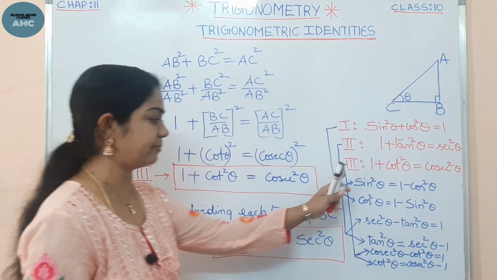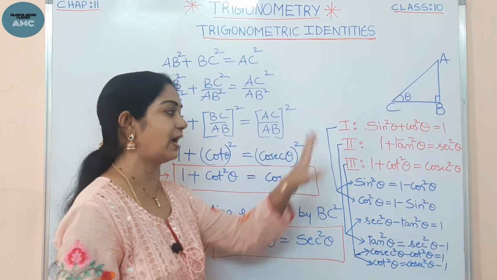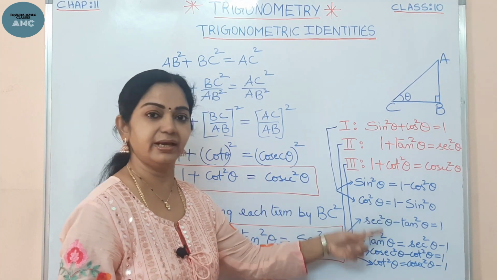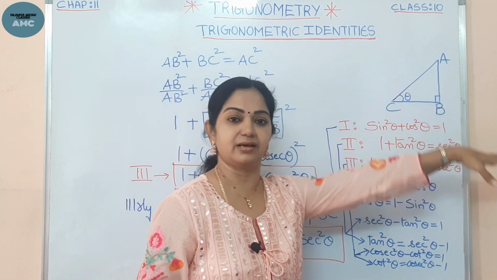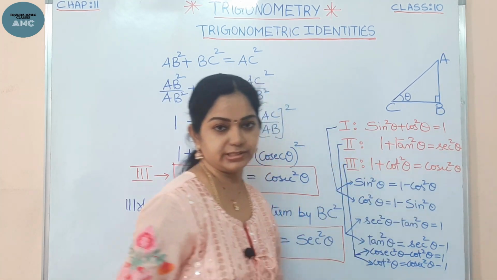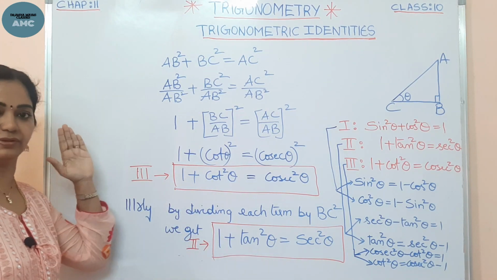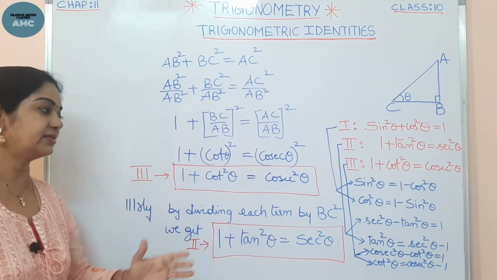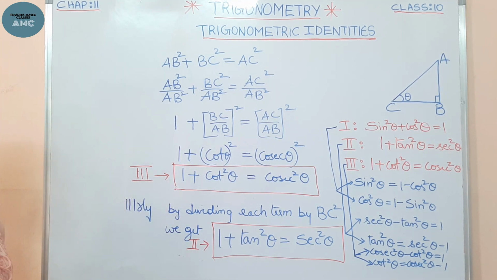So no need of remembering these 6 deduced equations, just remember the identities. You will automatically get them. You can keep whatever value you want on one side, the other one you can shift to the RHS part. So with this knowledge of trigonometric identities, let us start the exercise problems 11.4. Now quickly pause the video and note it down.